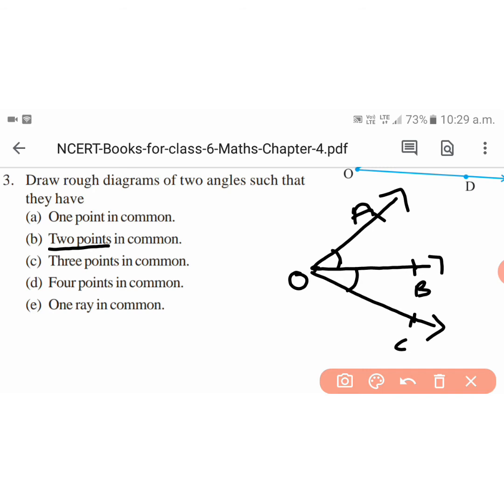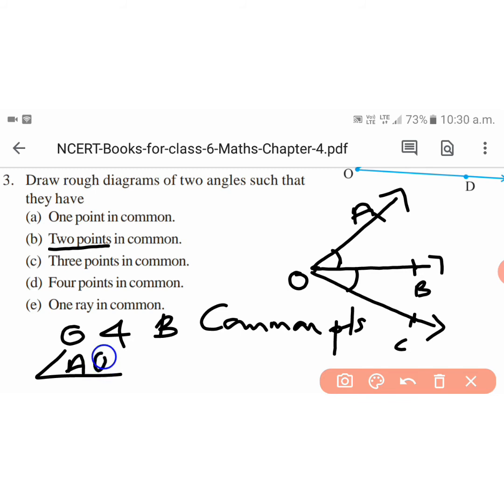OB is common for angle AOB and angle BOC. So the two angles are AOB and BOC. O and B are common points for angle AOB and angle BOC.